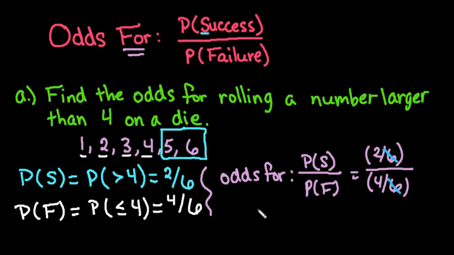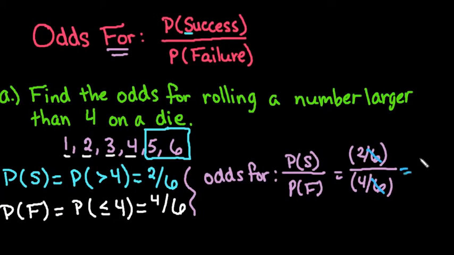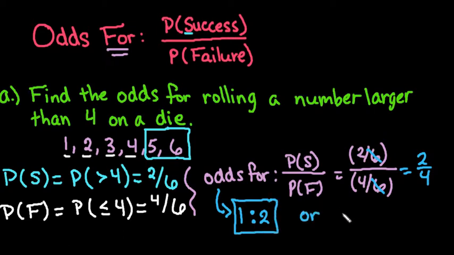And so we would say that the odds for this happening is 2 over 4. Majority of the time, they will reduce this to the lowest fraction you can have. So 2 over 4 reduces to 1 to 2. We would write it as 1 colon 2, or we could write it as 1 to 2.